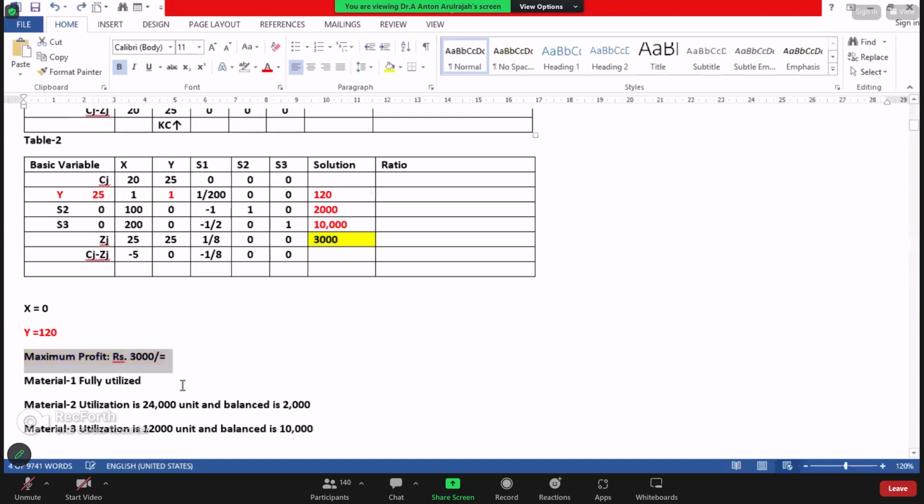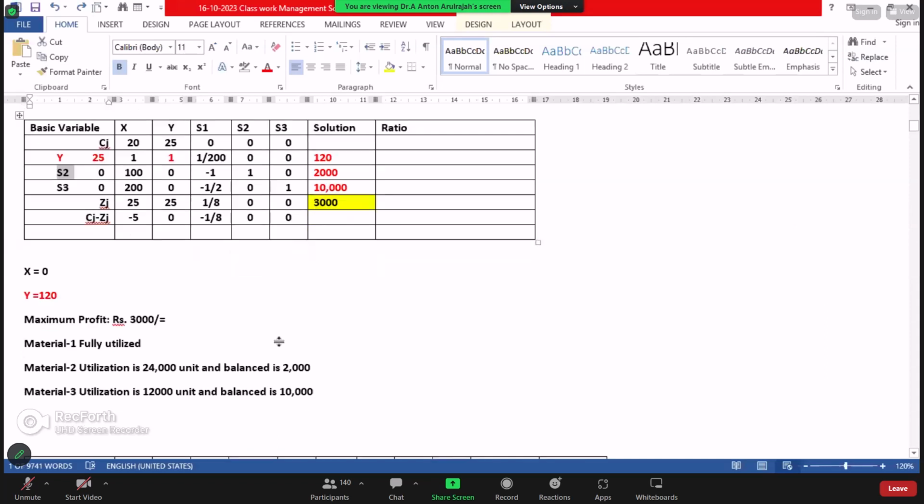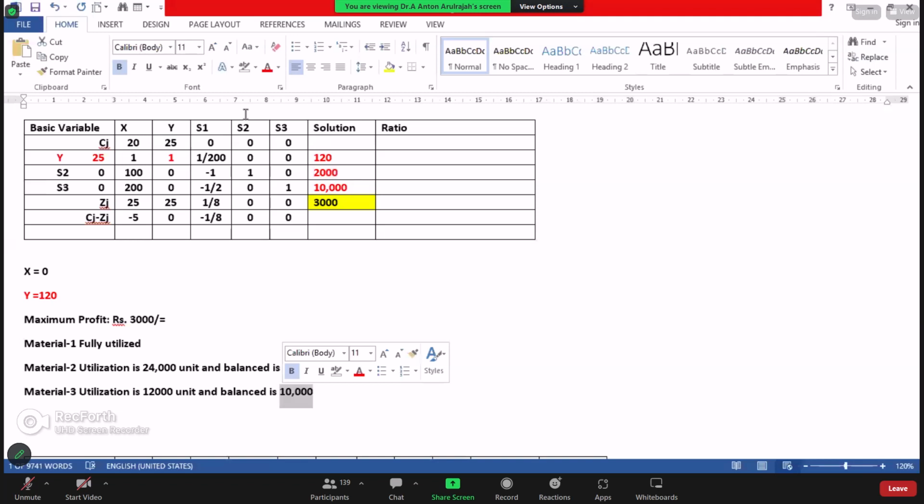And for resource utilizations, S1 is material 2, balance is 2,000, and here material 3, the balance is 10,000.